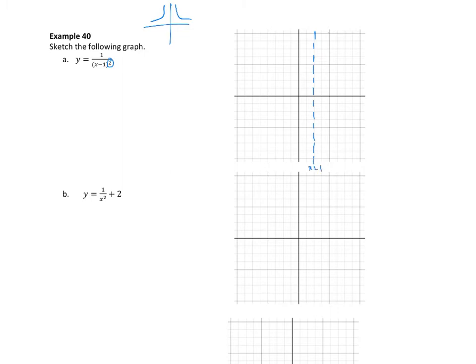So x equal to 1. Horizontal, we haven't moved up or down at all. y equal to 0. Let's put x equal to 0. At x equal to 0, y is equal to 1 over -1 squared, which is 1. So we'll make that 1 there.